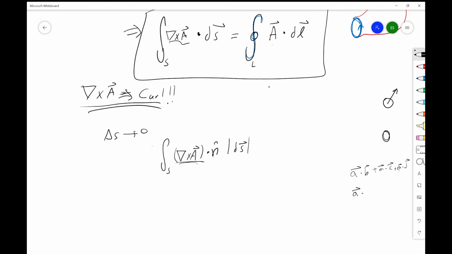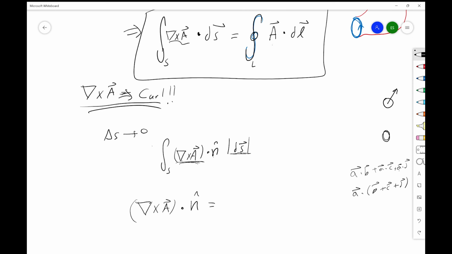This becomes A dot B plus C plus D. In the same manner, here we have a sum of dot products where nabla cross A is constant. We can take it out as a common term. So this becomes curl A dot n hat is constant. The integral of ds over the whole area is just delta S. So this becomes dot n hat delta S. The whole thing is multiplied by delta S.